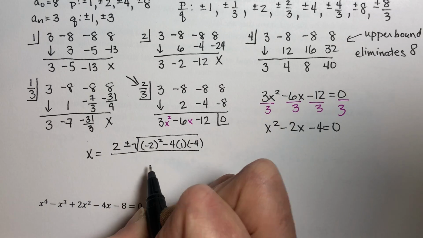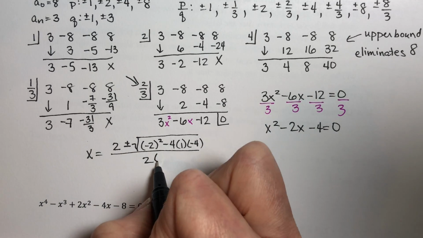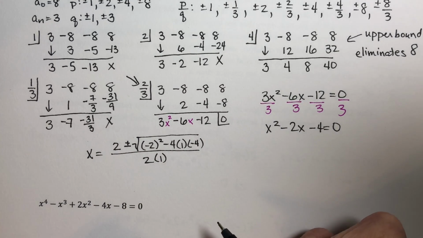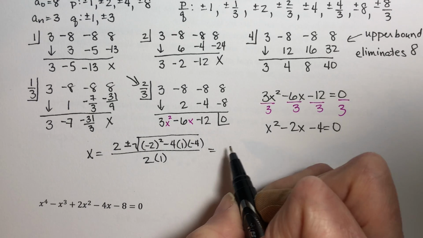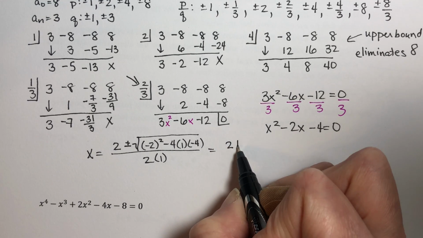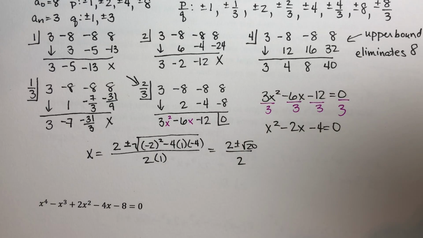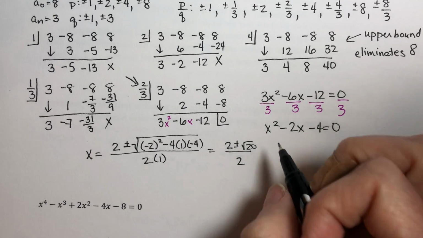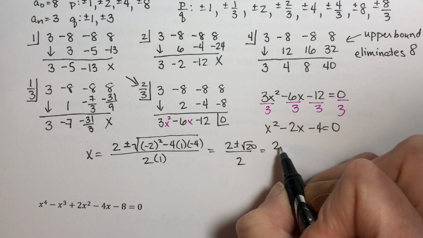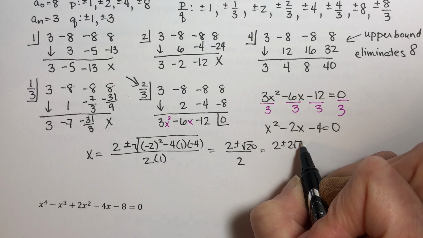And this is all over 2 times a, which is 1. And when I do the arithmetic, I get 2 plus or minus the square root of 20 divided by 2. Simplify the square root of 20, and you get 2 plus or minus 2 times the square root of 5.